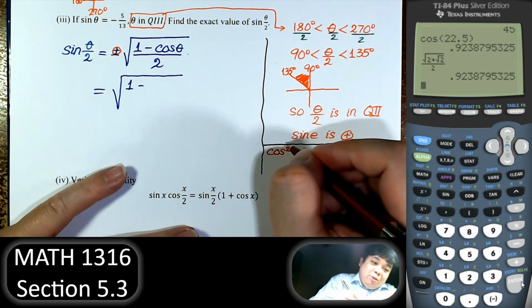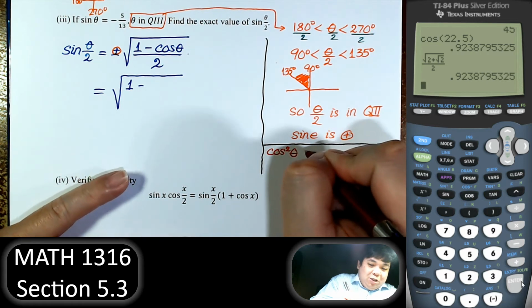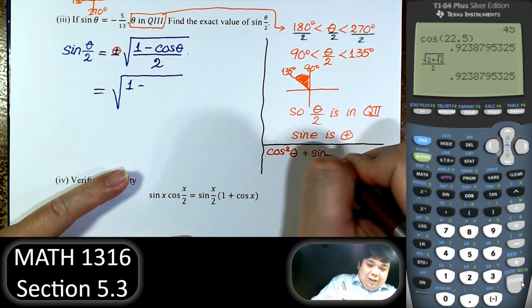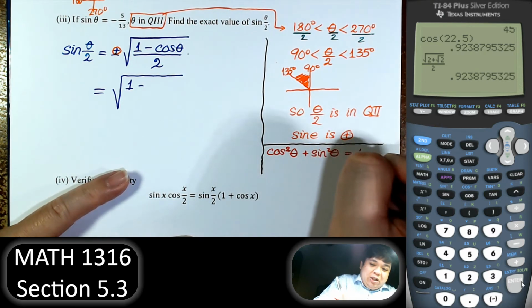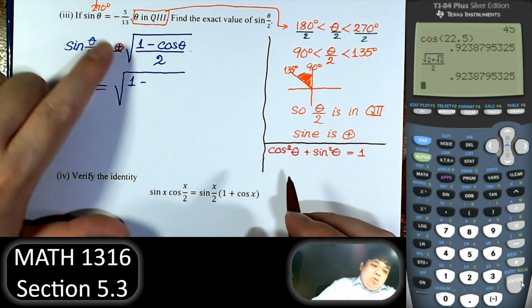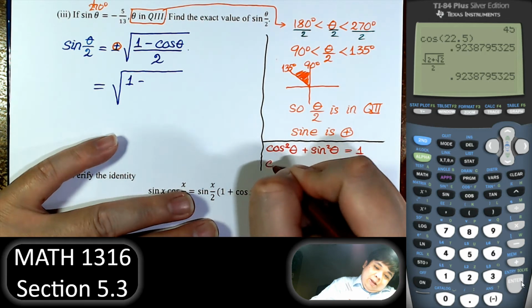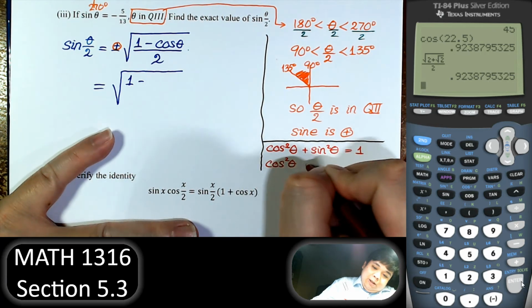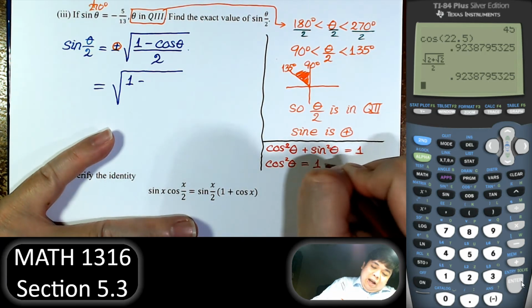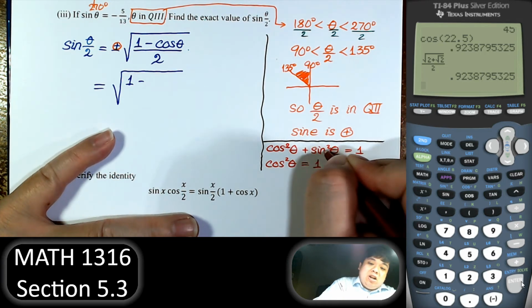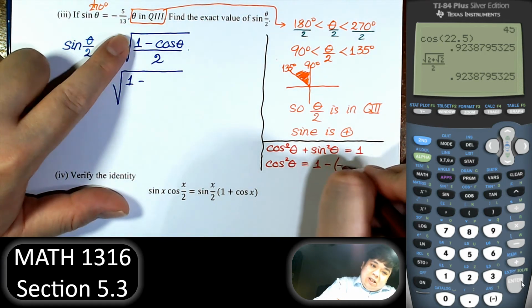I should see that from the beginning, so I start to write smaller. But remember, we can always have that. So this we want to solve for cosine, is equal to 1 minus sine square, right? 1 minus sine square, and sine square is that.